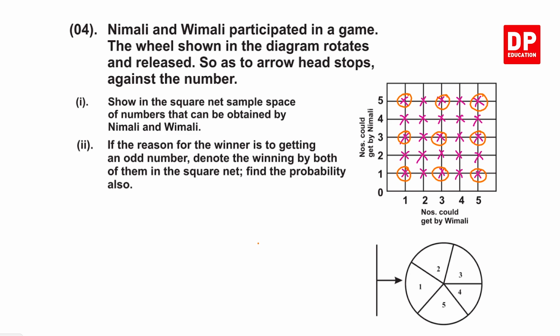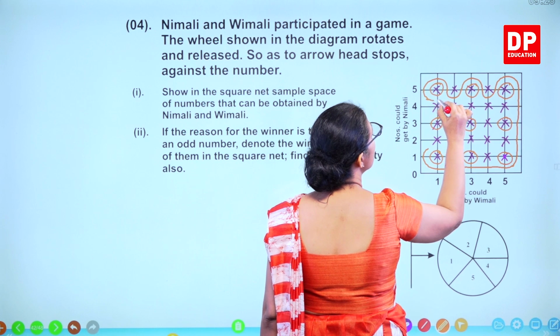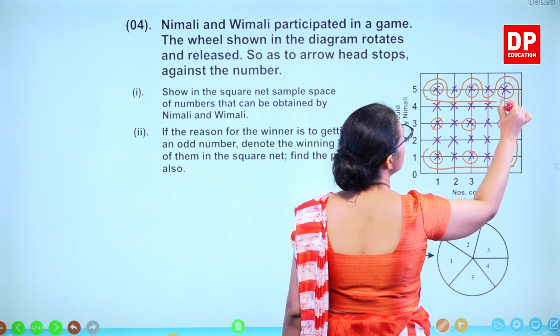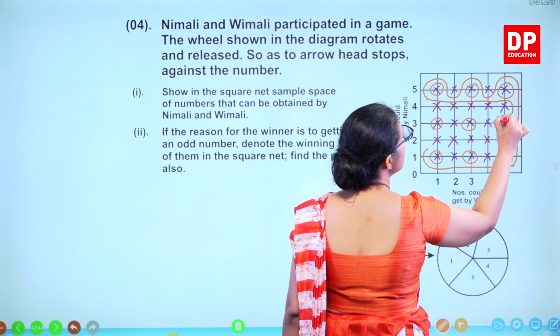So now we'll try to mark the net. So you need these ones. And here this one. And we can move to this.